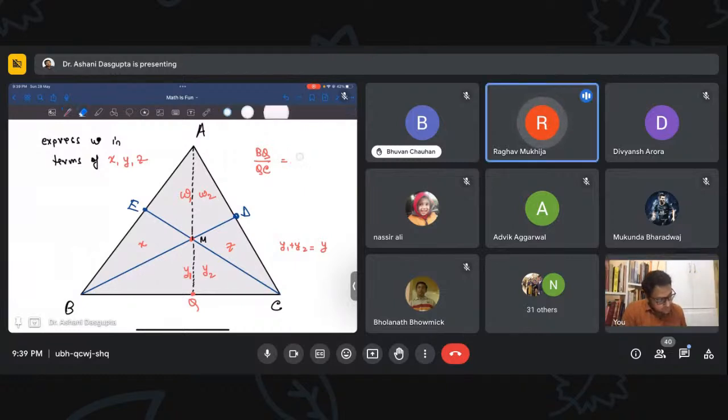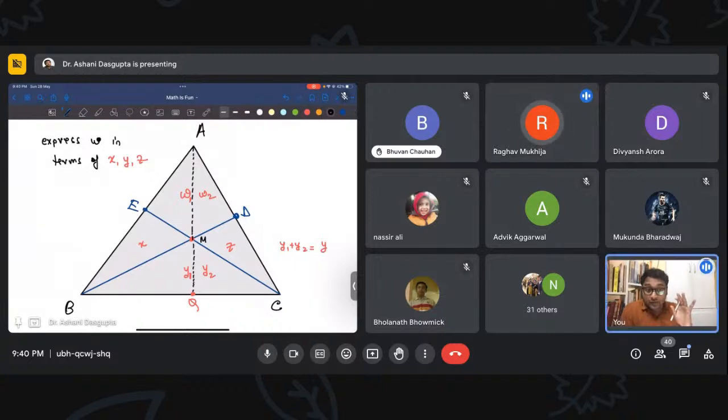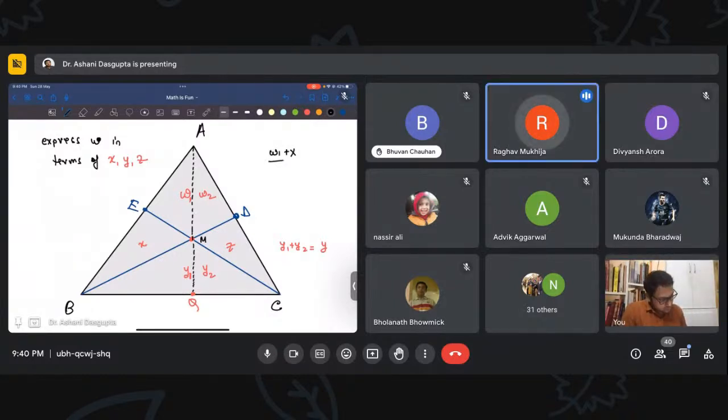Yeah, so it actually goes like this. We know firstly that W1 plus X upon W2 plus Z. Now this will give us Y1 by Y2, right?